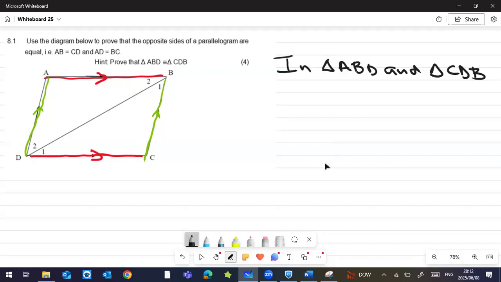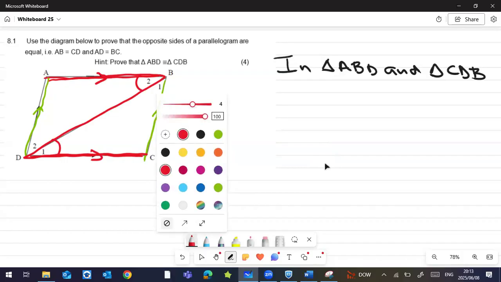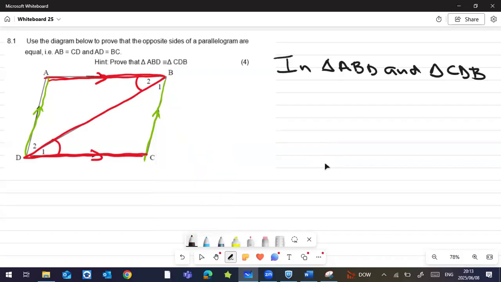First of all, there is a Z shape, meaning B2 and D1 are going to be equal because they are alternating angles formed by parallel lines. Remember, alternating angles are equal. So we're going to say angle B2 equals angle D1, reason being alt angles.